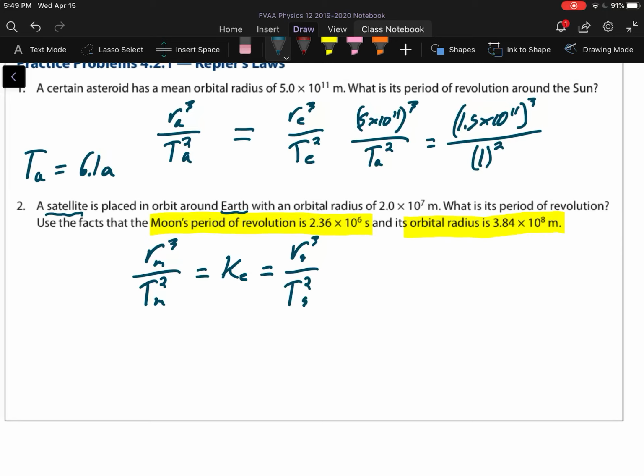The orbital radius of the moon is 3.84 times 10 to the 8 cubed. That's a 3, I promise. Let me just clean that up. There. Over the period here, they're giving us our period in seconds, which is fine. You just have to be consistent. It doesn't matter what units they give you, just have to be consistent. And so we know that we're going to get a period in seconds.